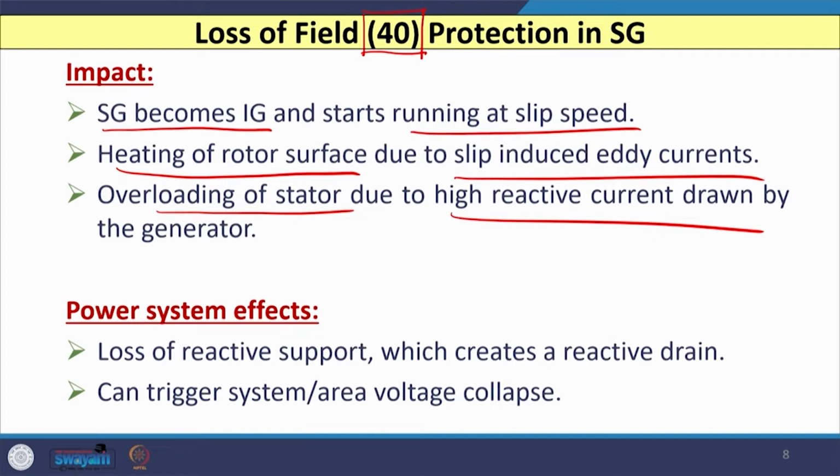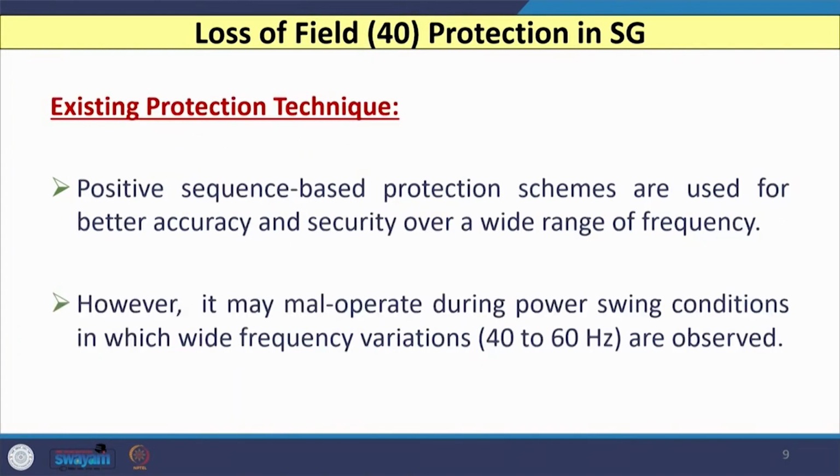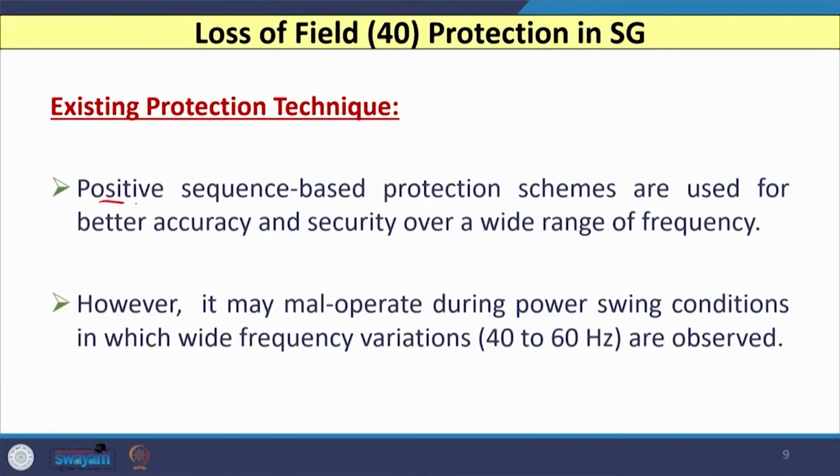If I consider the effect as far as the power system network is concerned, then there is loss of reactive support, which creates a reactive drain, and this may trigger voltage collapse in certain regions of the network. To avoid this, we need to detect the loss of field in the synchronous generator, and the existing scheme uses the concept based on positive sequence component.